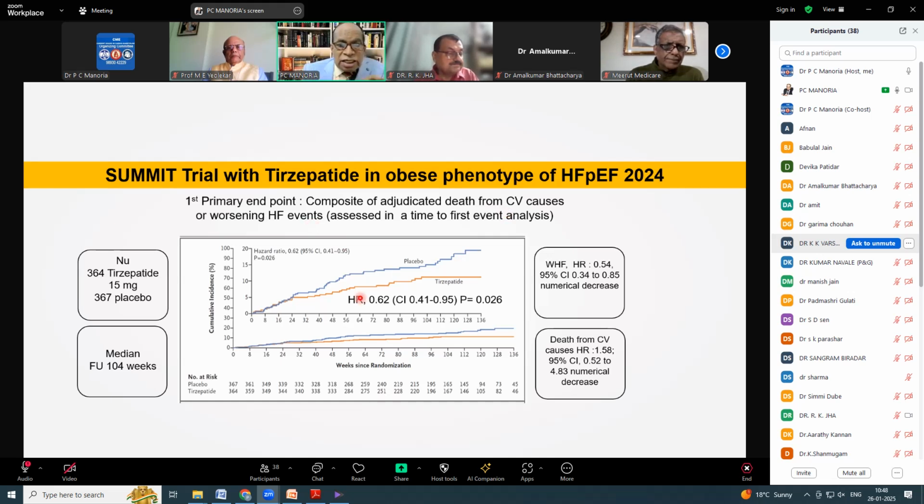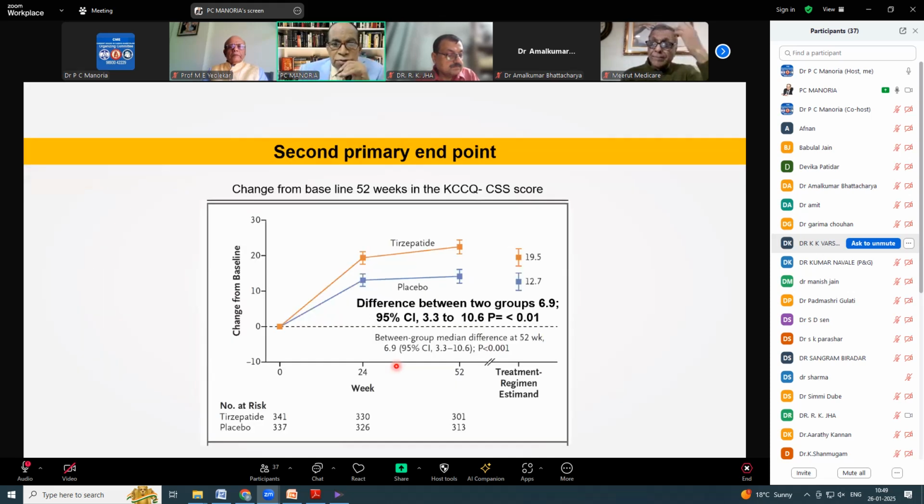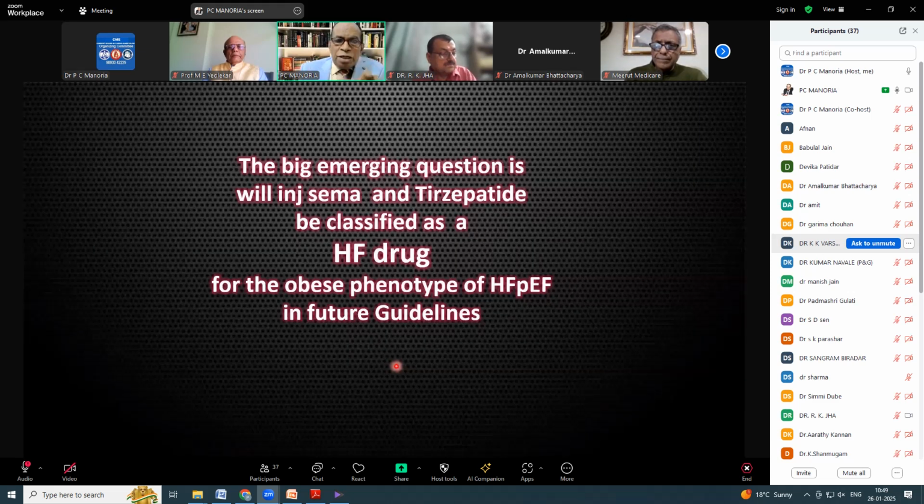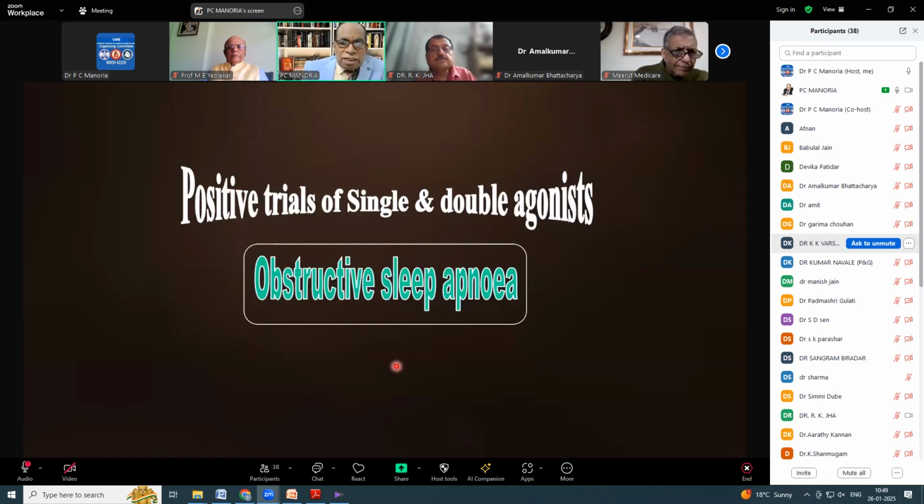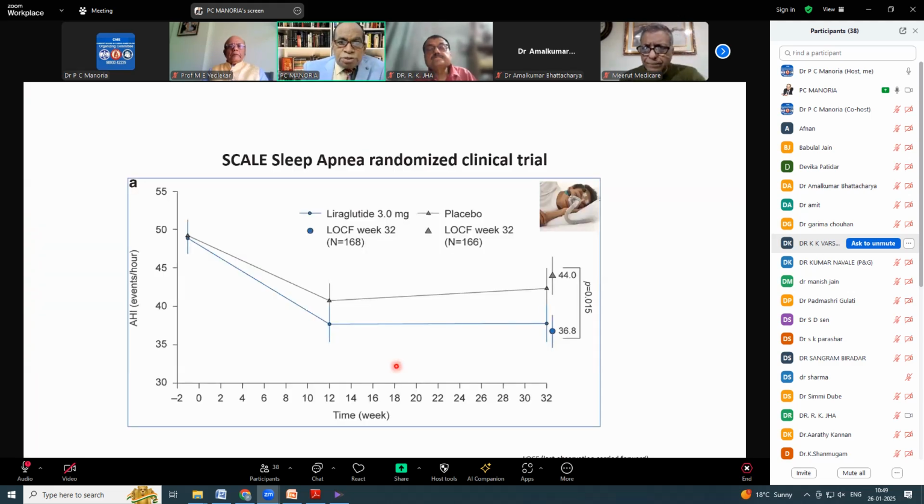You can see a statistically significant reduction in this primary endpoint, and there was also a significant difference in the KCCQ. And the big emerging question: will injectable semaglutide and tirzepatide be classified as a heart failure drug specifically for the obese phenotype of HFpEF in times to come? Maybe. Then we have some data in obstructive sleep apnea.